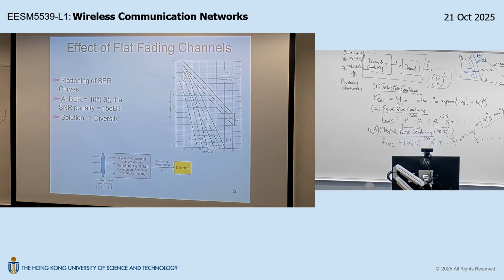But if I do it this way, so let's say this is the selection combining. If I compute this in my digital baseband processor, I will still need to have Y1 and Y2, right? To get Y1 and Y2, I will need the full ADC and the RF chain. But you think about this solution, it's very suboptimal because you need to pay the cost to get Y1 and Y2.